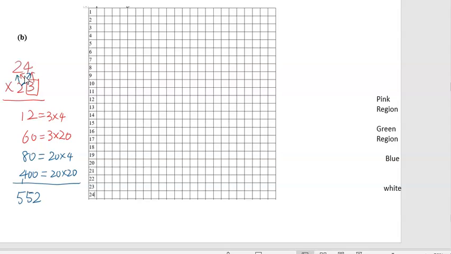Now we're going to show this in the array, on this grid paper. Notice we did 4 multiplications: 3 times 4, 3 times 20, 20 times 4, and 20 times 20. We want to show this in the drawing. Notice when we do multiplication, we literally break down into 3 ones, 2 tens, 2 tens, and 4 ones.